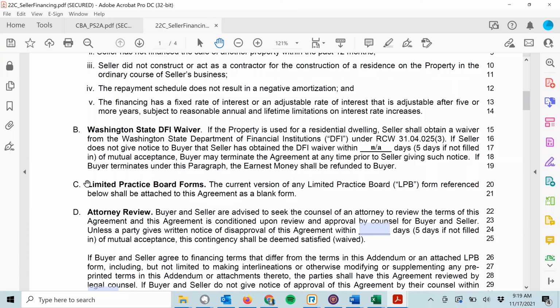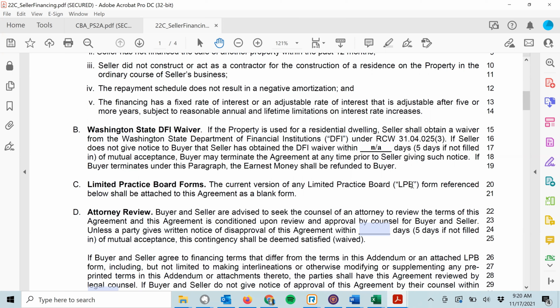Okay, gotcha. Paragraph C, limited practice board forms. The current version of any LPB form referenced below shall be attached as a blank form. LPB is a group of forms that were basically migrated from commercial into our NWMLS because typically they were better forms. So they said, let's just use these forms that already exist and we'll put them under this limited practice board designation.